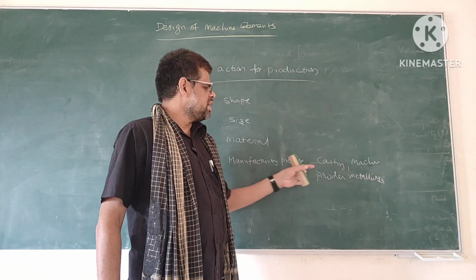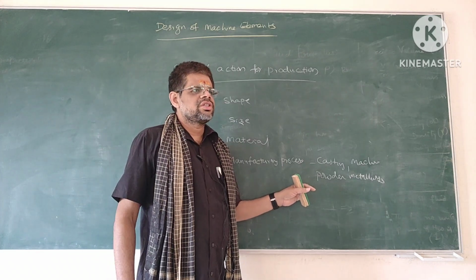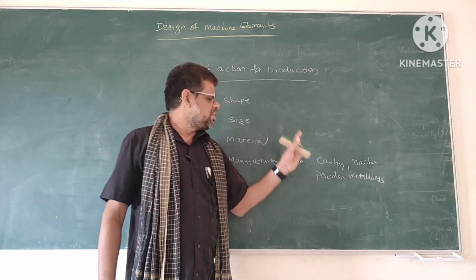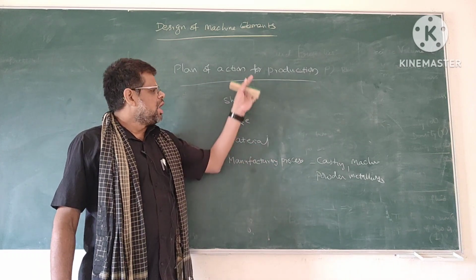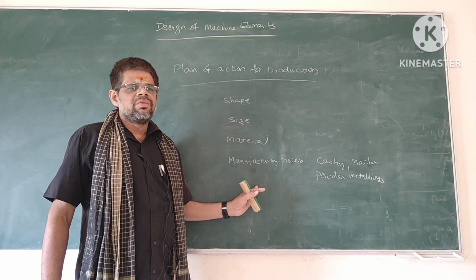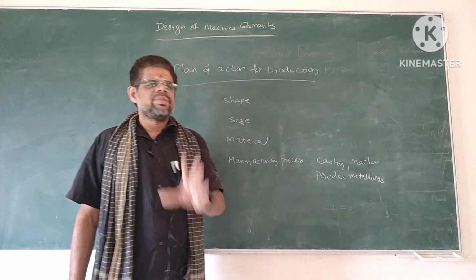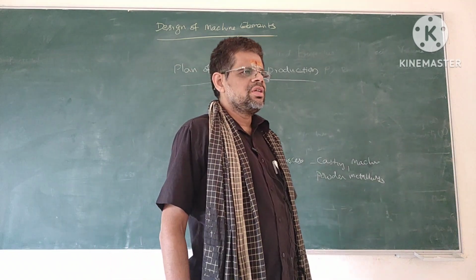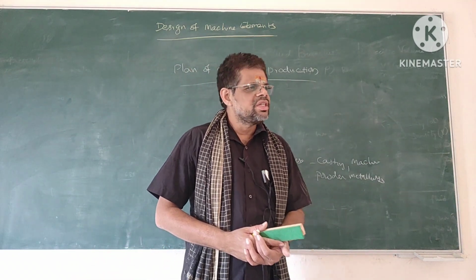So you have to decide the appropriate method of production or manufacturing process. While selecting all these things, you have to consider so many factors that we are going to discuss shortly. All these things have to be considered while making a plan for the production of an element or machine element. So this is nothing but the design or machine design.